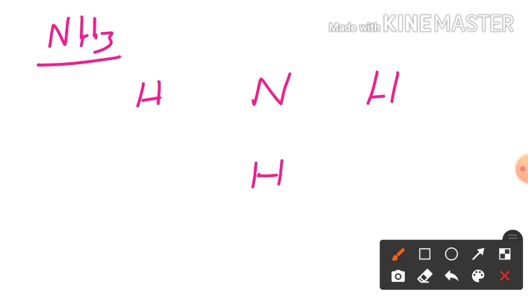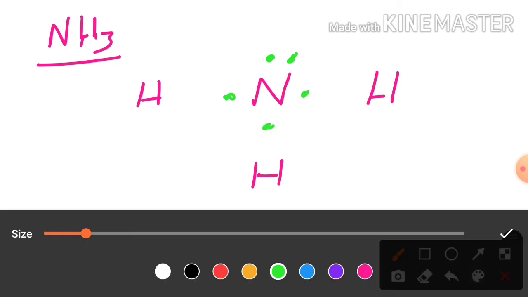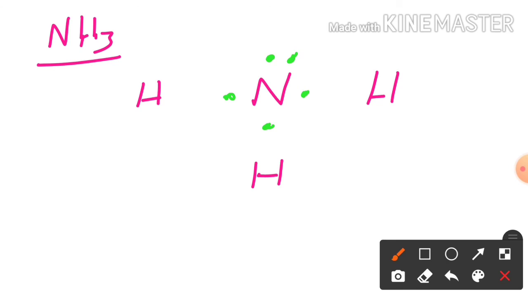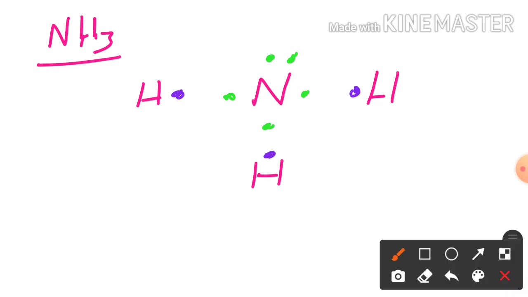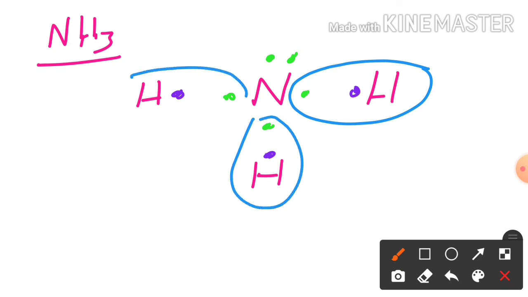Nitrogen has 5 valence electrons: 1 2 3 4 5, and hydrogen has only one electron in the outermost shell. Now, how does the hydrogen complete its duplet? By sharing one electron from nitrogen, one from this side, this hydrogen from this side, and this hydrogen from this side. All the three hydrogens complete their duplet.